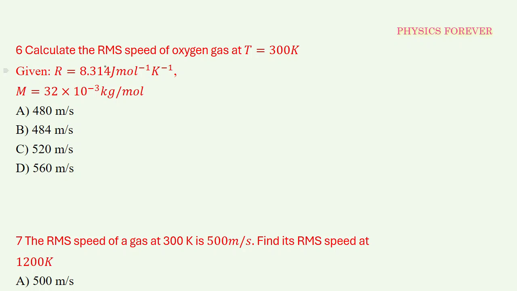So this is one of the problems. Then, calculate the root mean square speed of oxygen gas; the temperature is given. These are all constants: R is the gas constant and M is the molar mass. Then we have to solve. So what is given? The temperature T is equal to 300 Kelvin, and R is the gas constant, a constant term.